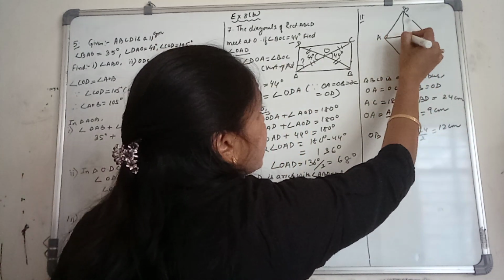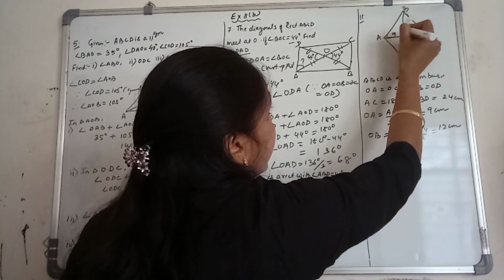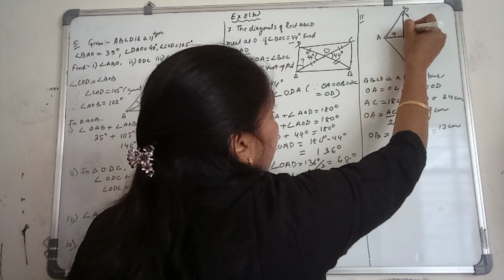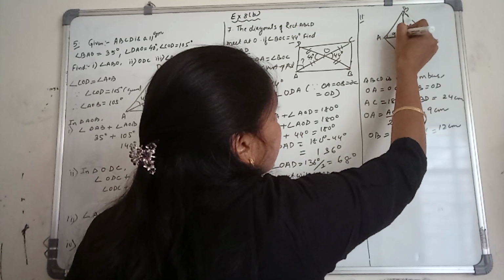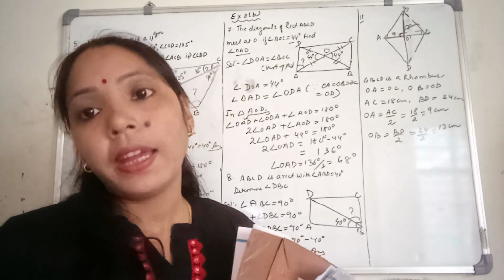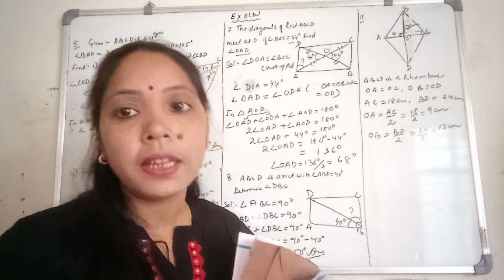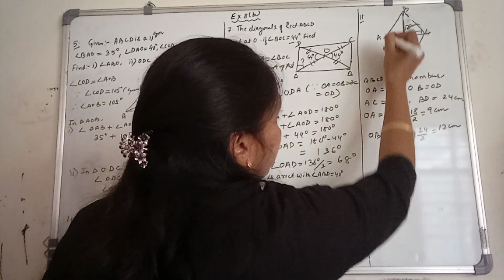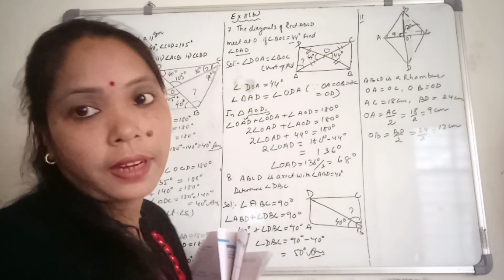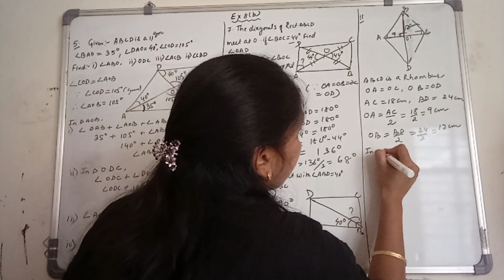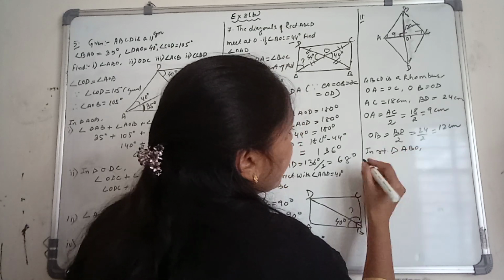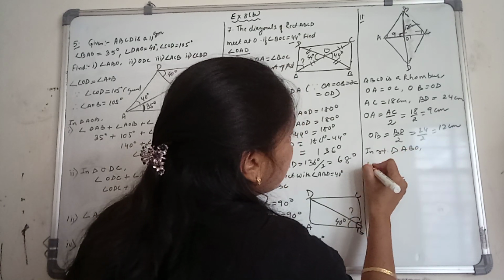So here, OA is equal to 9 and OB is equal to 12. In a rhombus the diagonals are perpendicular to each other, so they make an angle of 90 degree. So triangle ABO is a right angle triangle, and we can use the Pythagoras theorem.